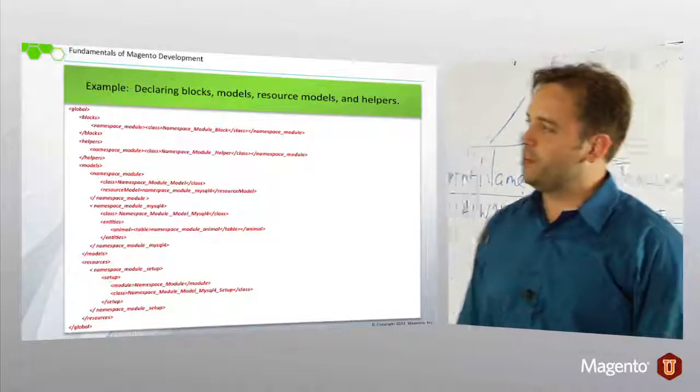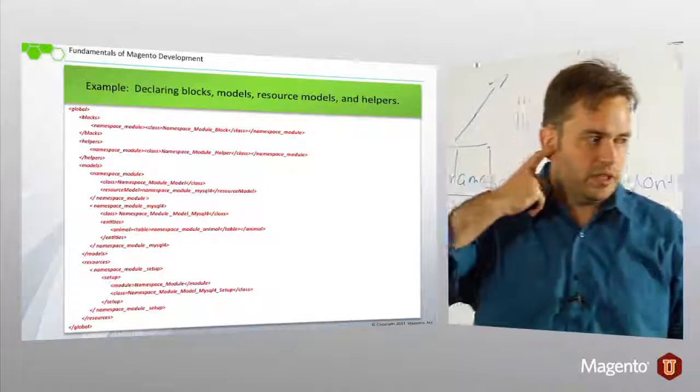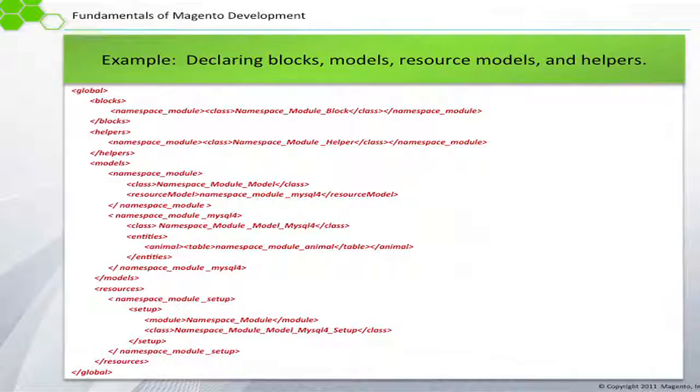This one may be a little bit hard to read up here, but should be legible in your book. We put this all in one slide just to show you once again the pattern that exists. You have global blocks, helpers, models, and inside there, directly under blocks, directly under helpers, directly under models is where you declare your class group.